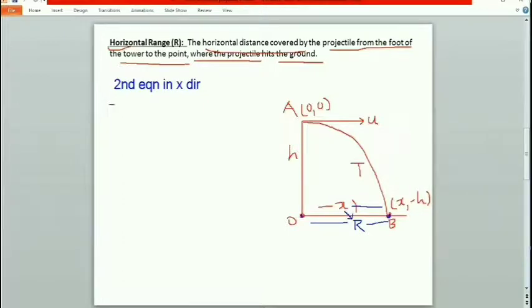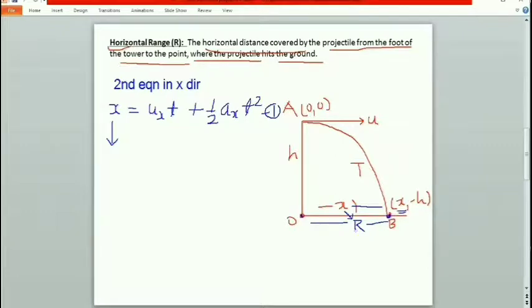So using second equation in x direction, x equals to uxt plus half axt square. This is our second equation in x direction. Okay, now we will put the values. At B point, what is the value of x?